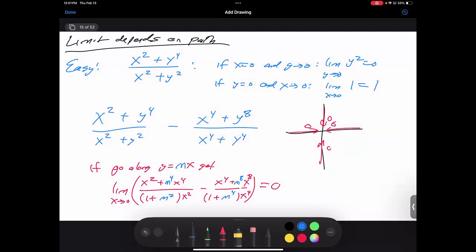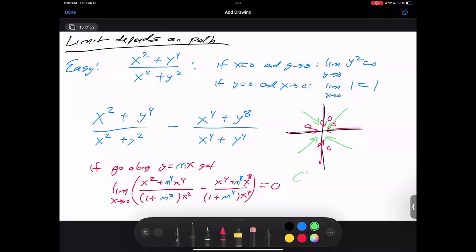Is the limit still going to be 0? So do we agree now that the limit is not 0? So it was a fluke because m equaled 1. So if you tried this line, or you could even try the line negative x, that would also work. Those would also give you zeros.